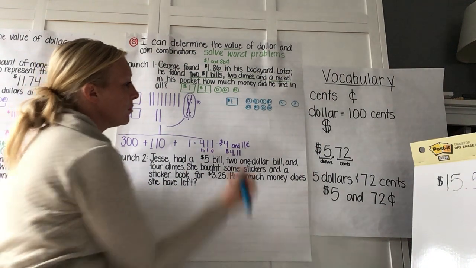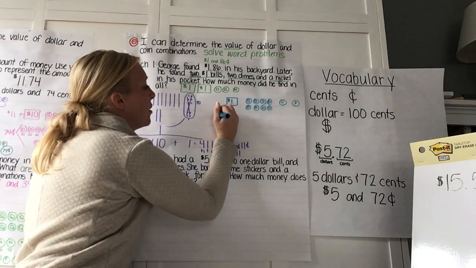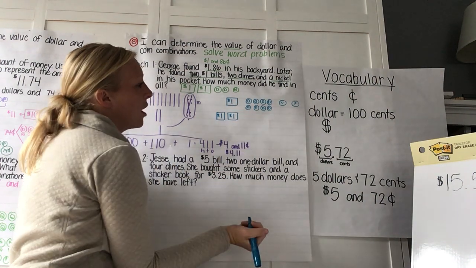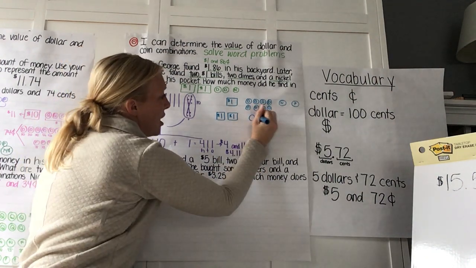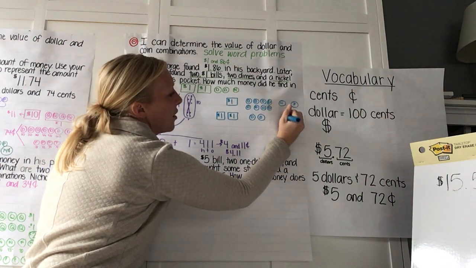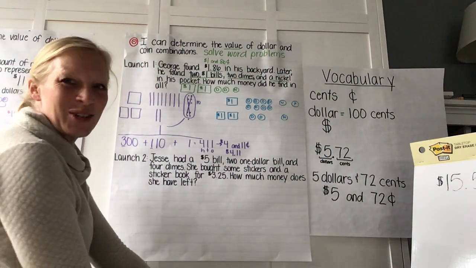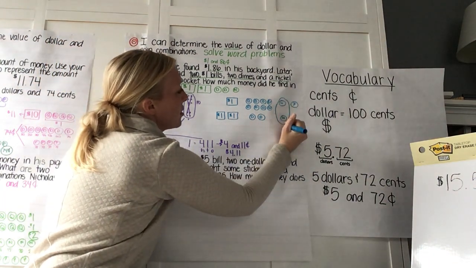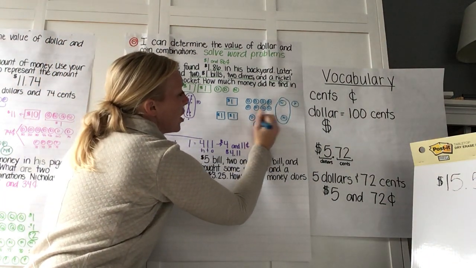And then what did you do? There's your two $1 bills. Okay. Your two dimes. And then your nickel. Okay, and then what did you do there? Your two nickels equal one dime.